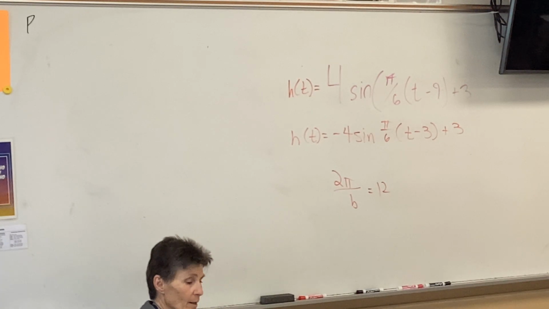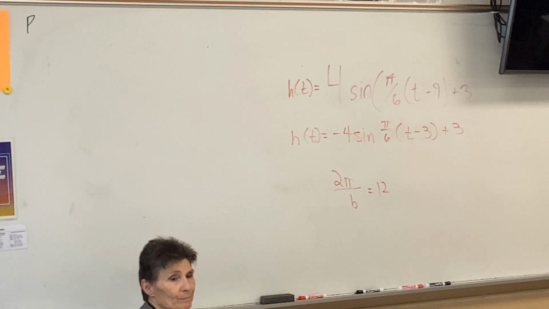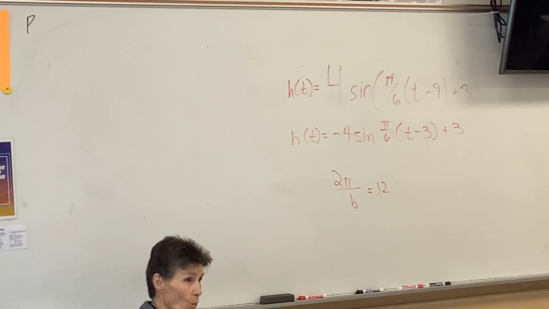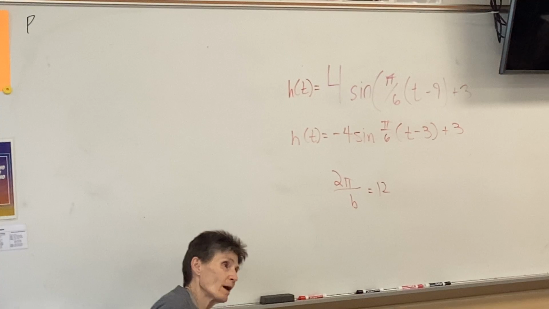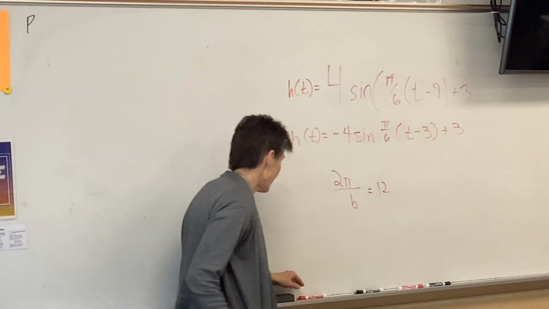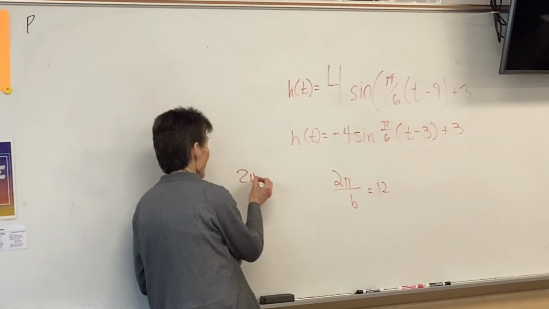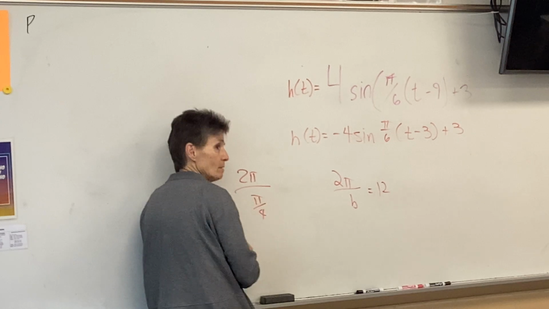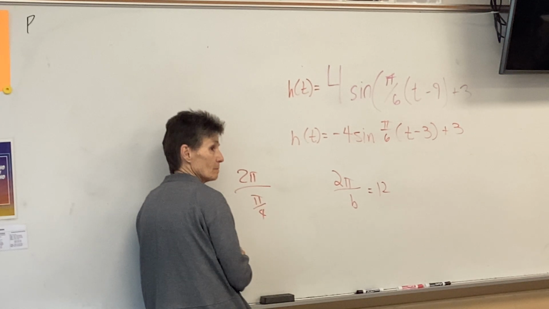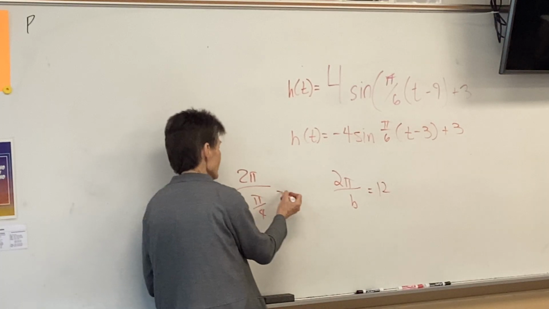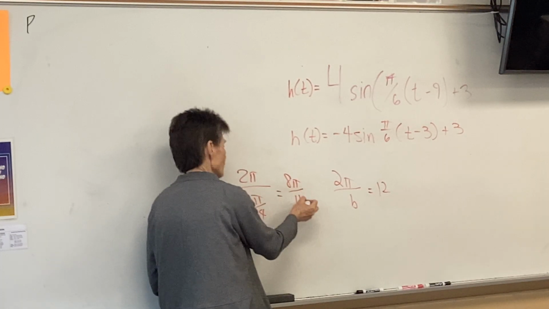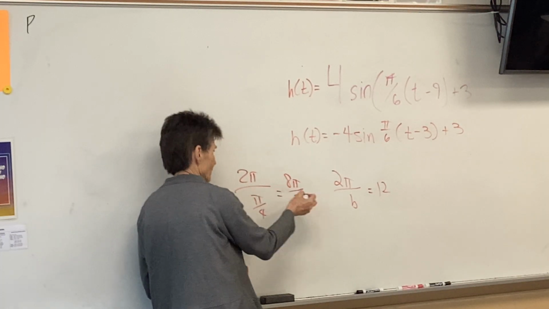Well, I ruled a couple of them out right away. If that coefficient on x is pi over 4, what does the period have to be? Whatever I graph, the period has to be 2 pi divided by pi over 4. Right, that changes your period. So isn't that 8 pi over pi, or 8?